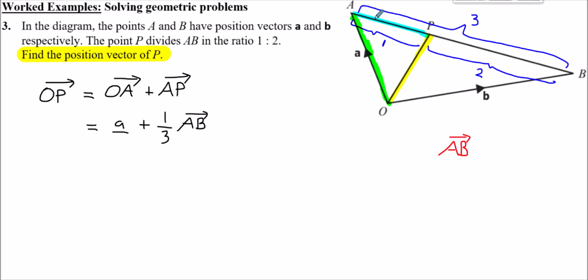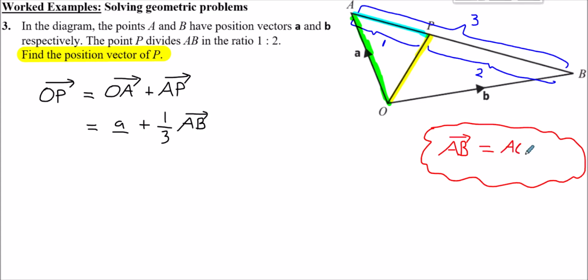So how can we go from A to B? I'll put this in a bubble so you know it's just workings. From A to B, what we could do is we could go along from A to O. So we could go down here.